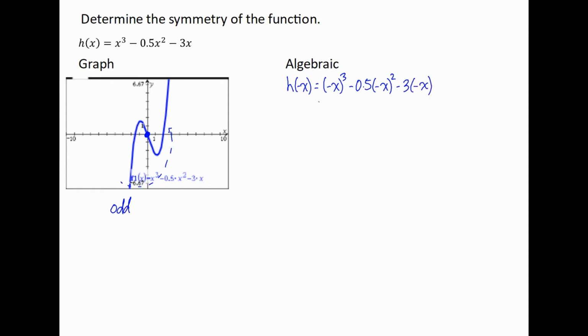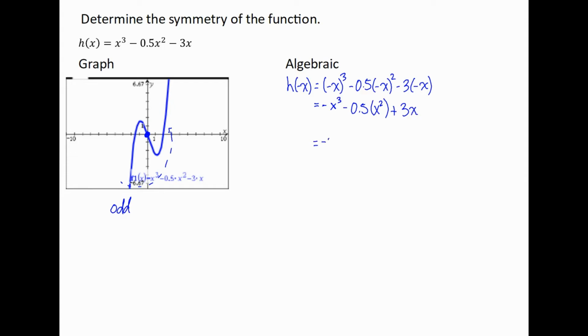And then you just want to go through and simplify. Negative x cubed minus 0.5 times x squared plus 3x, negative times a negative.